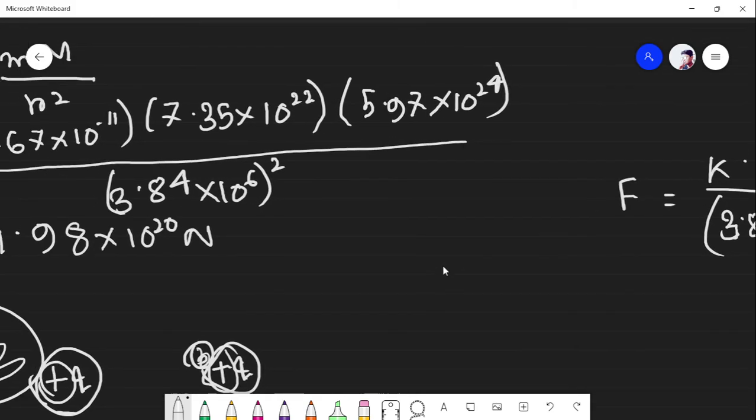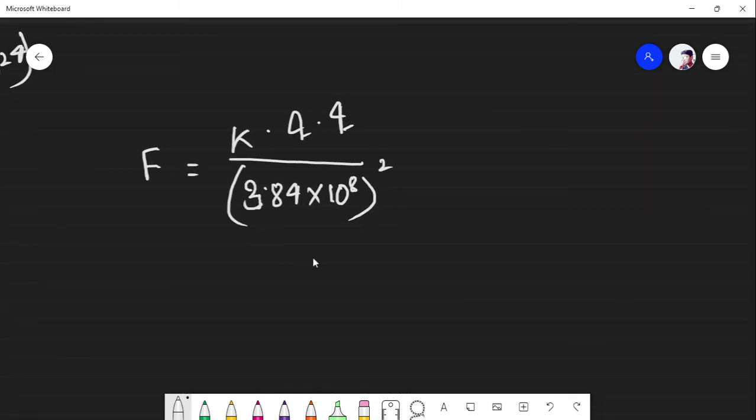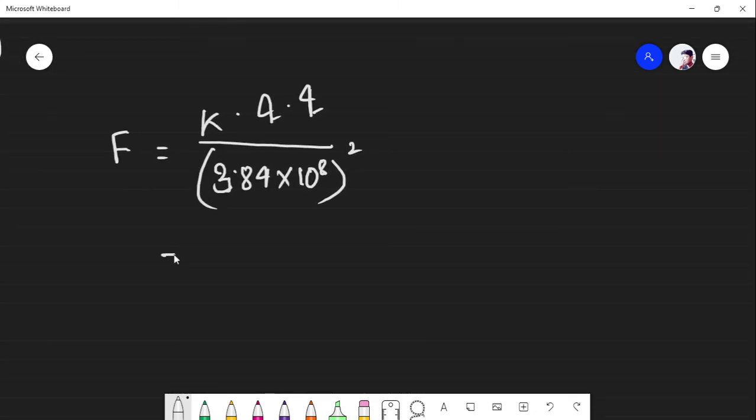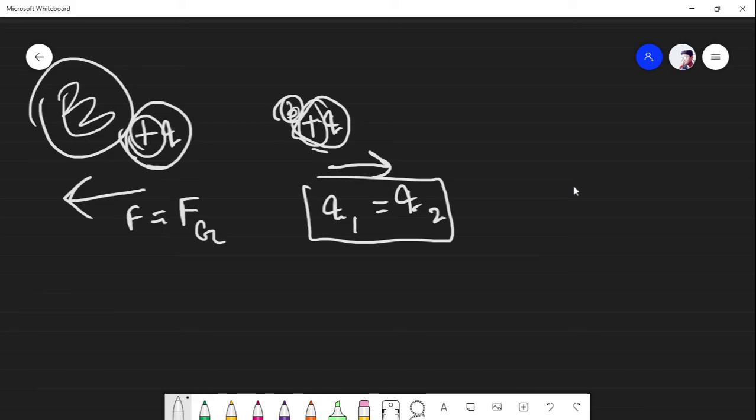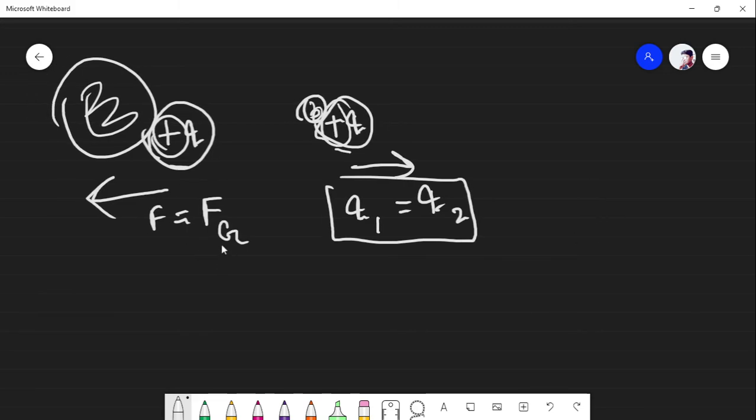Okay, maybe I've made a mistake over here, so this will be 8. Sorry about that. So this is equal to K times Q squared divided by 3.84 times 10 to the power 8 whole squared. See, what I told here is the gravitational force will be equal to the repulsion force created by the two charges, and that's when the moon will come out of its orbit.